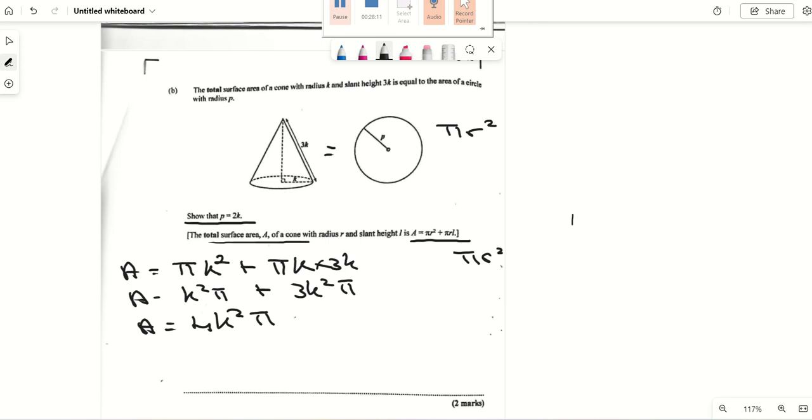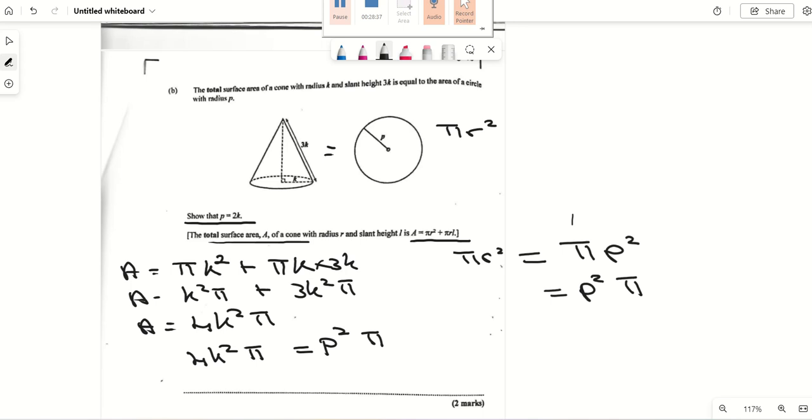Again, we know the radius of the circle is p, so this would be pi p squared. This is also p squared by pi, right? Doesn't matter the order in which pi goes. So now they said that 4k squared pi, which is the area of your cone, is equal to p squared pi.